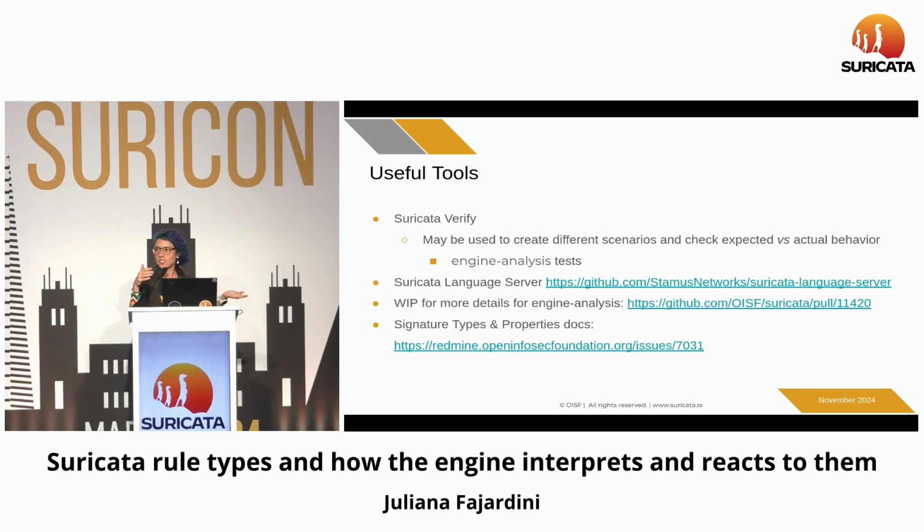Sometimes you are wrong, sometimes the engine is wrong. Either you fix it or you submit a bug report so we can fix it. And if you know how to create Suricata Verify tests, that's great, because having a bug report with a Suricata Verify test gives us the baseline to know what the expected result is.